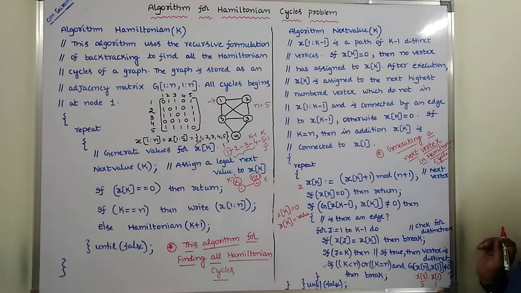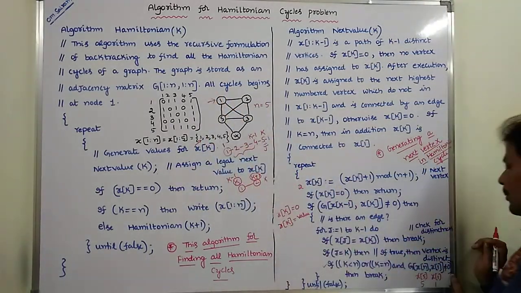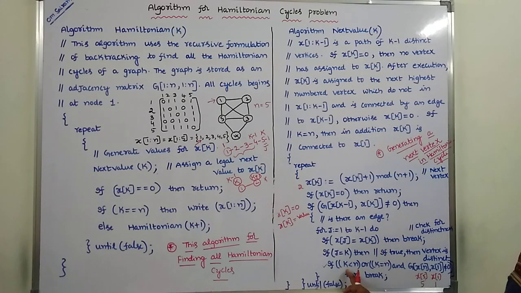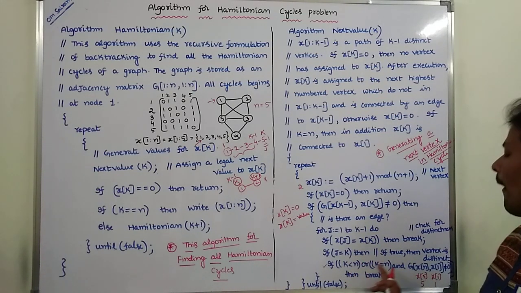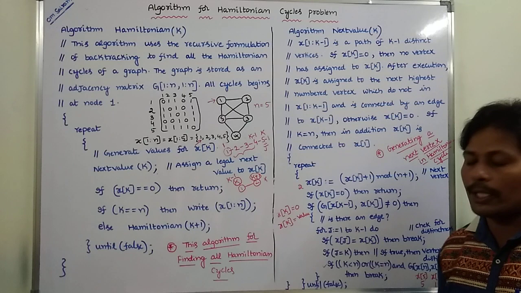Are 5 and 1 connected by an edge or not? Yes, 5 and 1 are connected by an edge. Here we have to check two conditions: whether k less than n or k is equal to n, and g of x of n comma x of 1 not equal to 0.